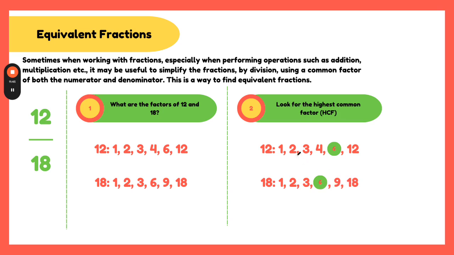So when we look at these numbers, which number is the highest common factor of 12 and 18?